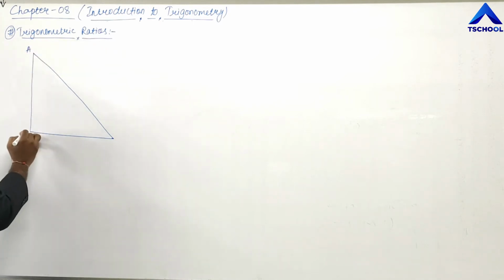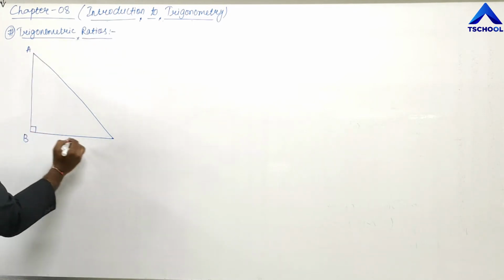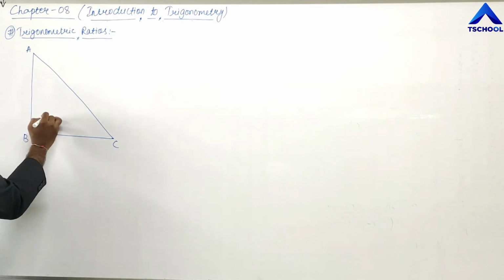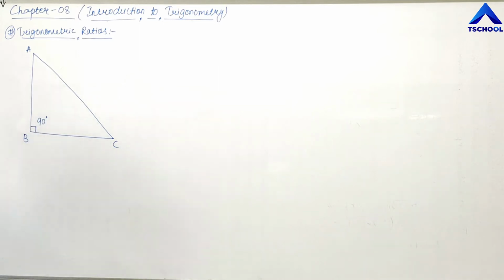This is my A, B being the right angle, and C. This right angle basically means 90 degrees, right? So that is the right angle triangle that I am going to use here, right angle triangle ABC.